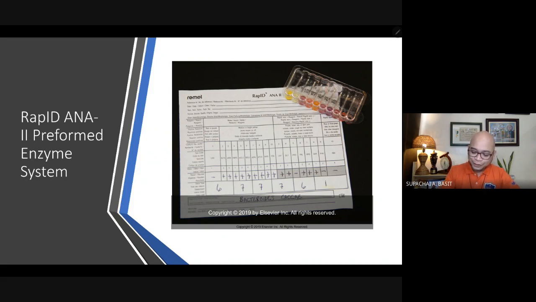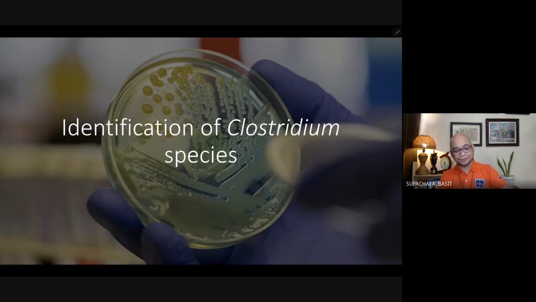You will have to interpret each, and then there is a numerical equivalence of each of the reactions. After you have determined the numerical equivalence of each reaction, you need to enter this number sequence in the computer software, and then the computer will tell you what organisms you were able to isolate. Okay, so this makes life easier for medical technologists, no?